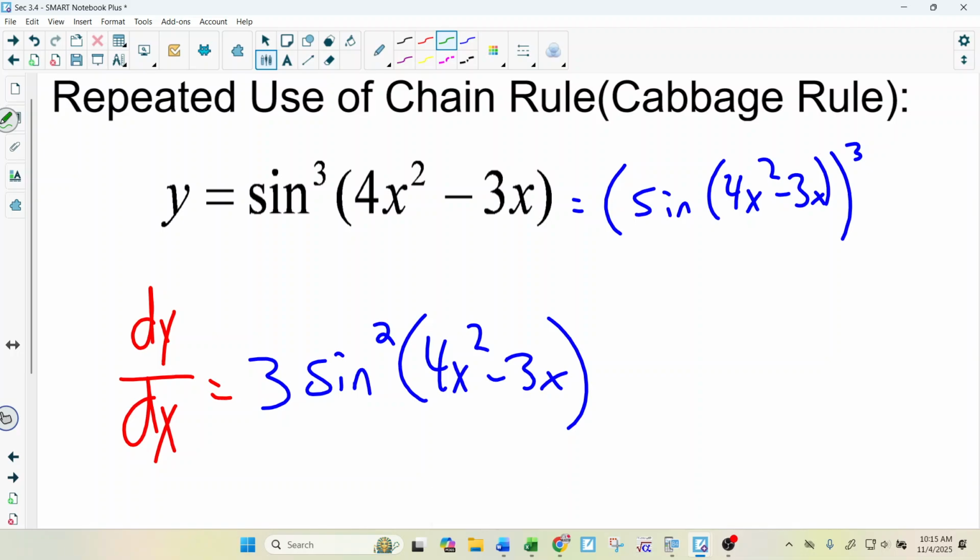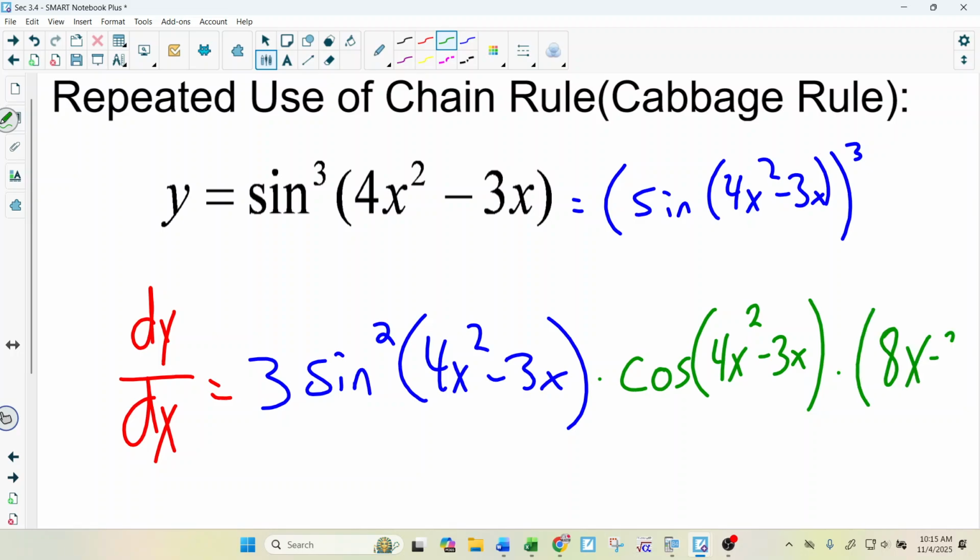So now I brought down the 3, subtract 1, times, what's the next layer? I got rid of the cube. The next layer is the sine. Derivative of sine is cosine. Inside stays the same, times the derivative of the inside, which is it. So we just take it layer by layer until we get an answer.